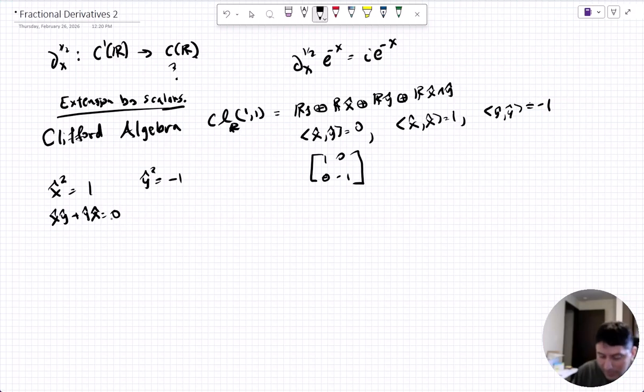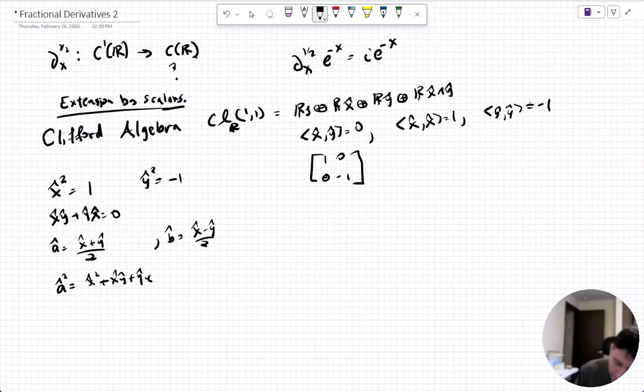So what we're going to do is define the A operator to be (x plus y) over 2 and the B operator to be (x minus y) over 2. The nice thing about the A and B operators is the following. A squared is equal to x squared plus xy plus yx plus y squared, divided by 4.